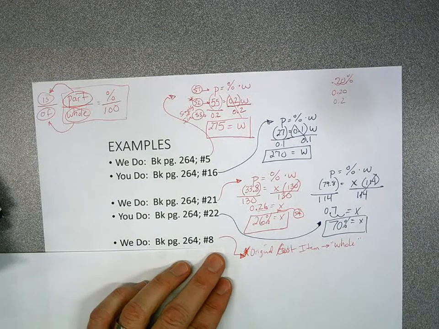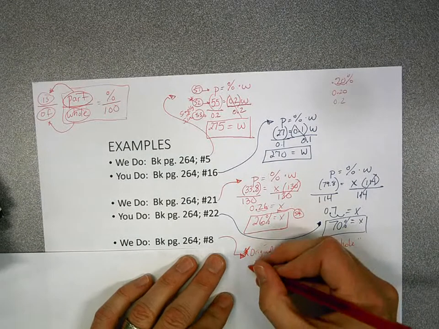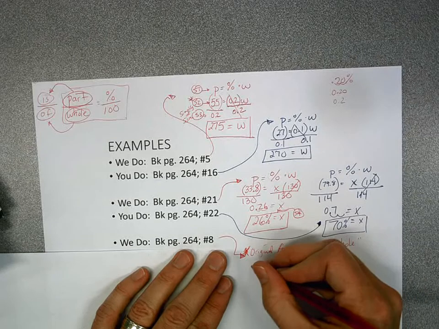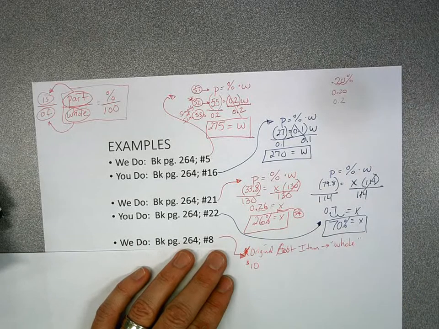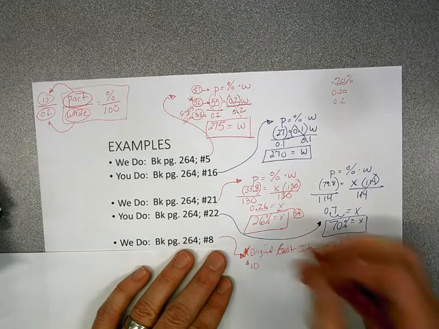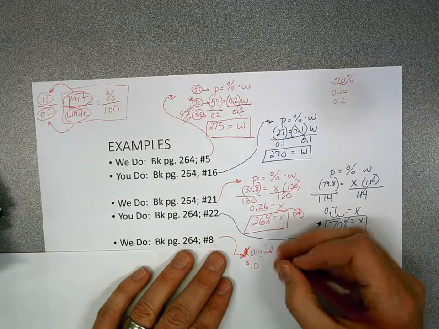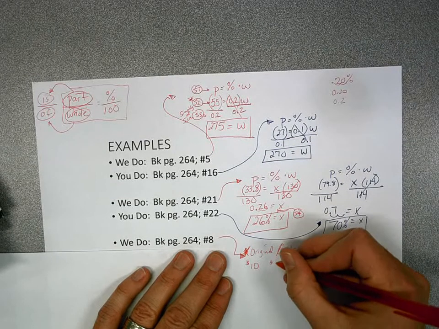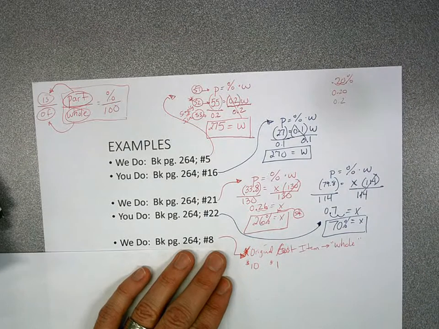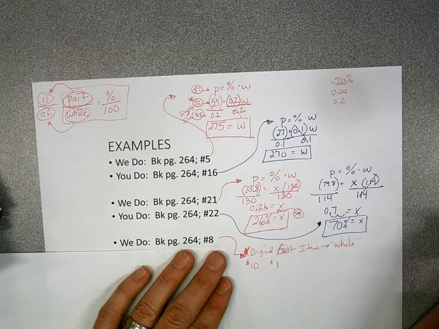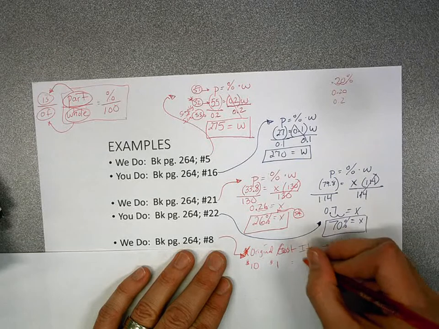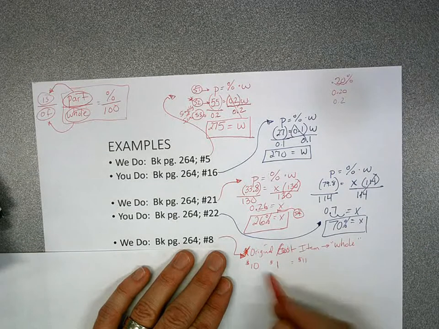And that is, if something costs you $10, but you have to pay sales tax when you go and buy something, and let's just say the sales tax is $1. How much would you have to pay for that item? $11.